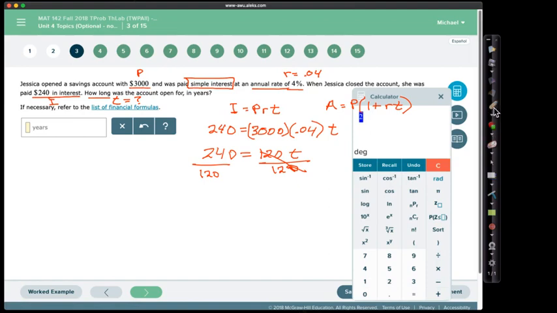Okay, so that's it. Our answer is 2 years, and we're able to just enter that in, and at the end we'll check our answer and feel pretty confident because these are the types of questions that will be on the test. So keep on studying, and we'll move on to question number 4 next.